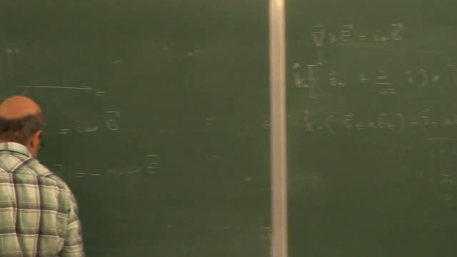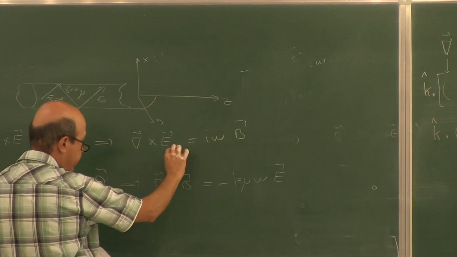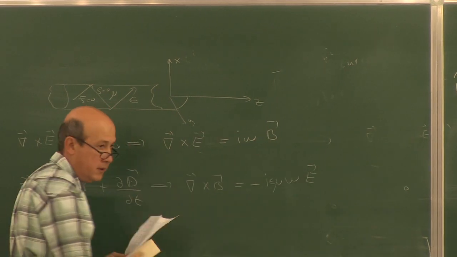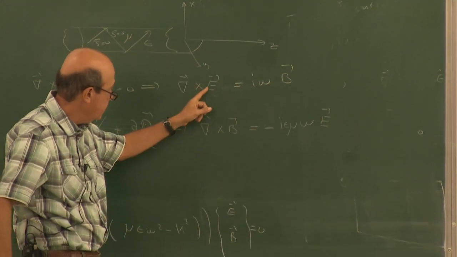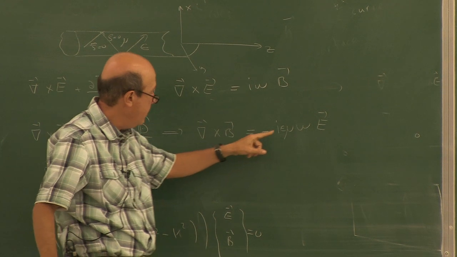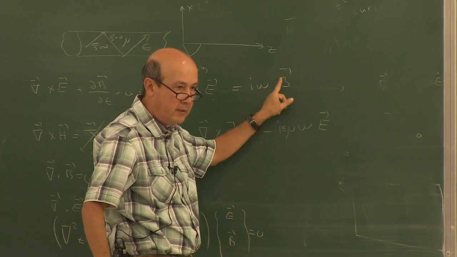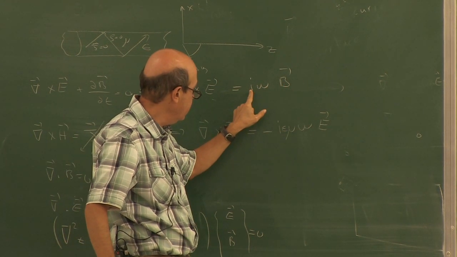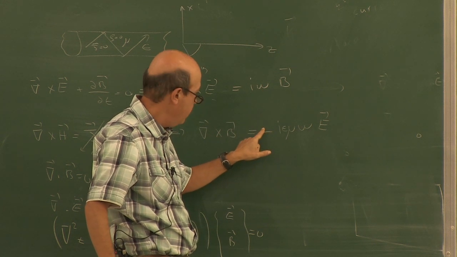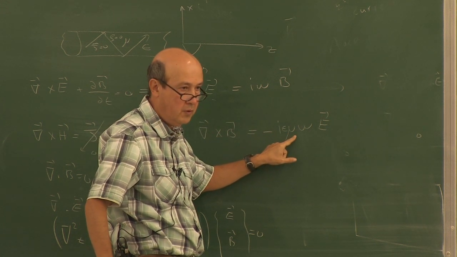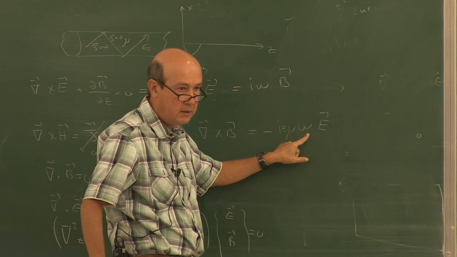Look at the symmetry between these two equations. E is replaced by B, and B is replaced by E, and the coefficient I omega is replaced by minus I mu epsilon omega.